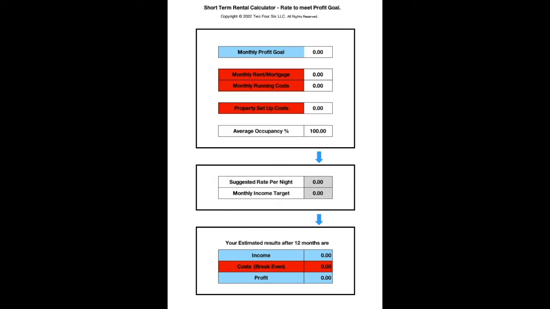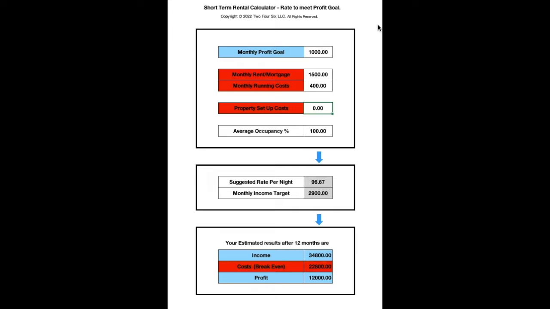Let me show you how you can do that. Imagine that we want to make $1,000 profit every month on this particular short-term rental, and we have rent of $1,500 a month. It's an arbitrage unit, and the utilities, internet, etc. come out at $400 a month.